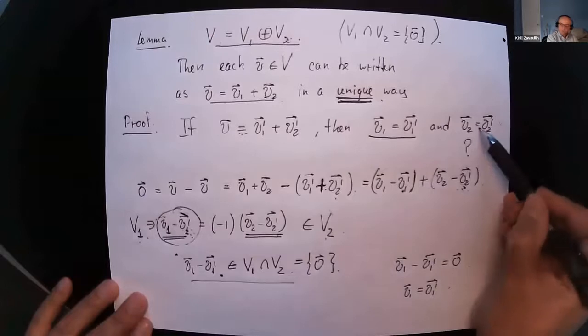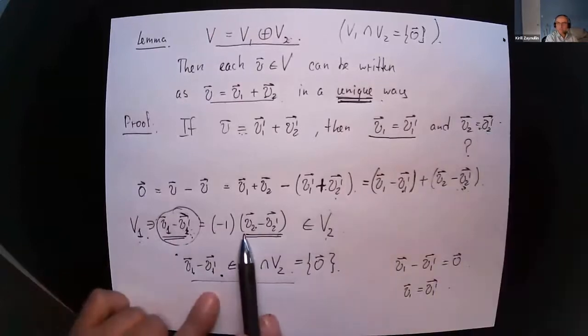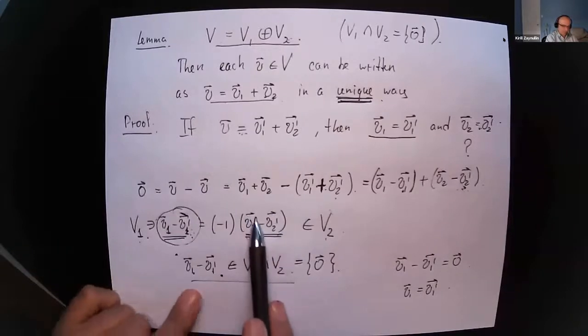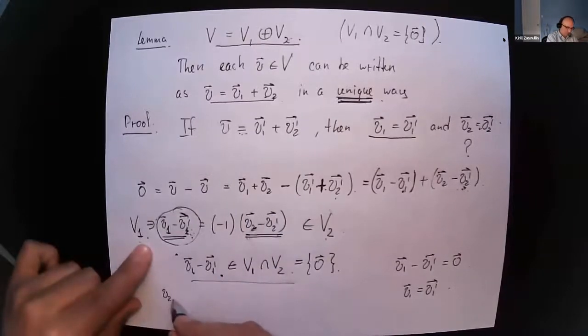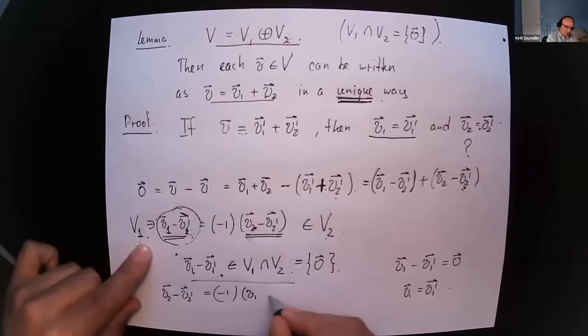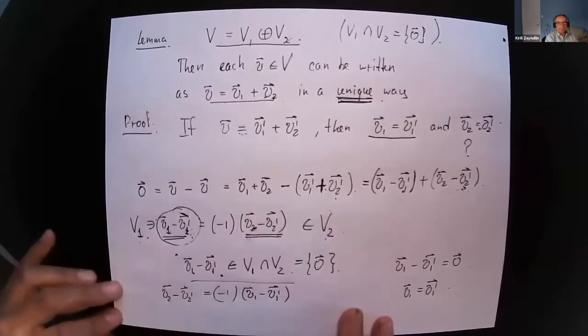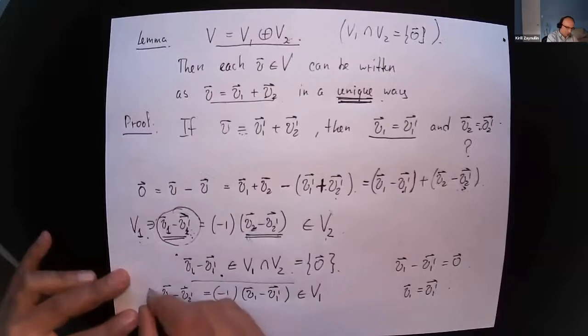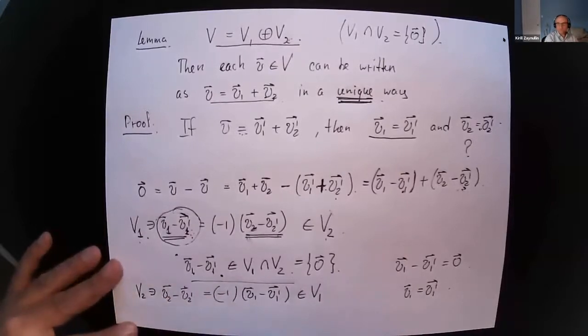Now, what about this one? Well, we can argue in the same way. Let's look at this one. We can write it like this: V2 minus V2 prime is also minus 1 times V1 minus V1 prime. Then again, this has to be in V1, and the left-hand side has to be in V2 by similar reasons.